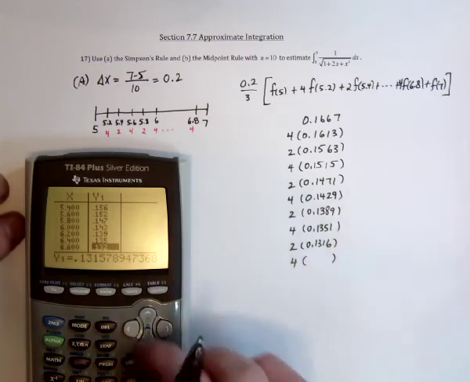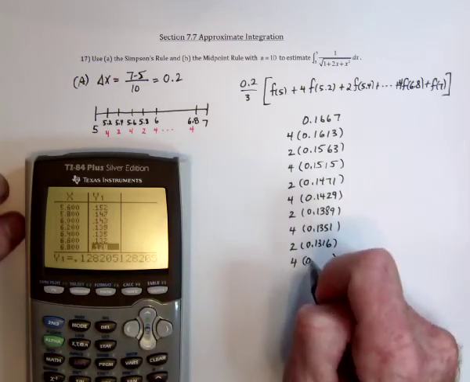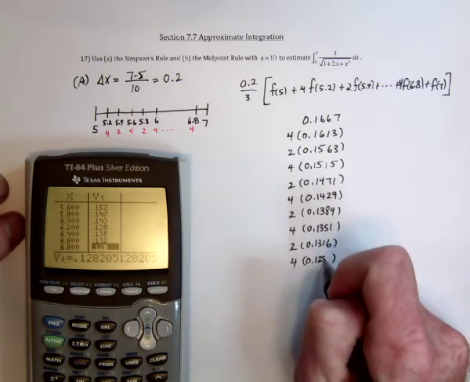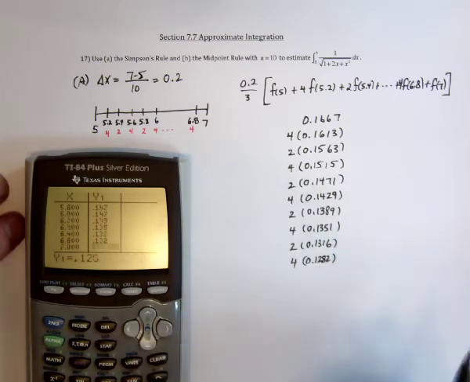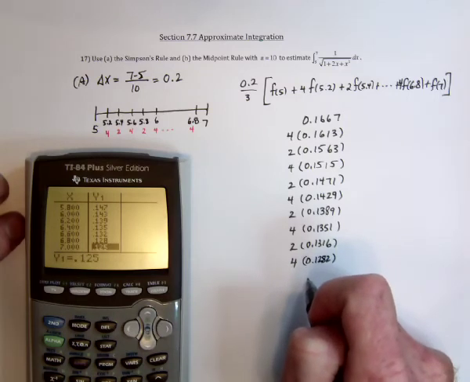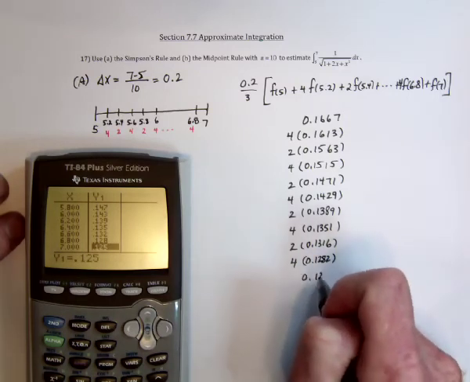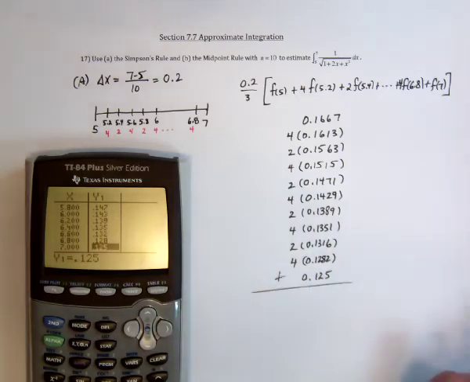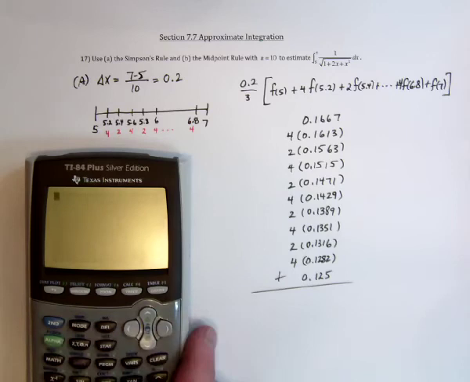This should be the 6.8, so 0.1282. The last one we need to plug in is the 7. That doesn't get multiplied by anything. That is just 0.125.